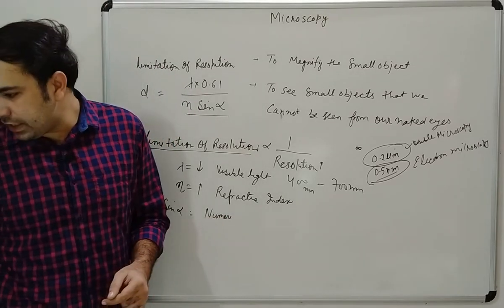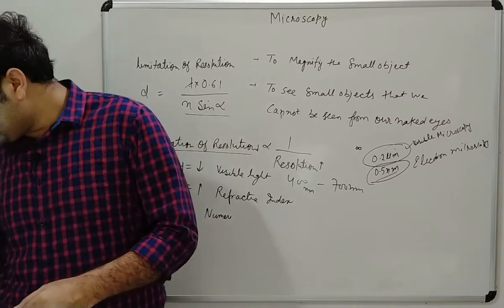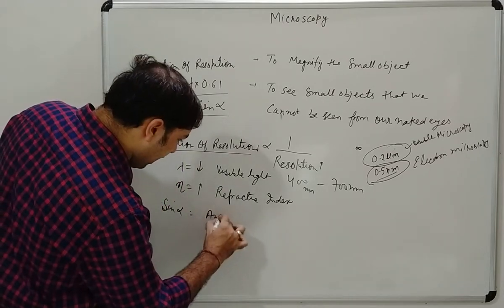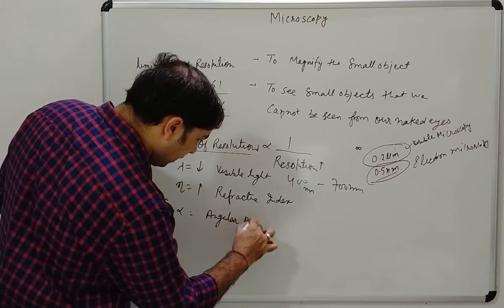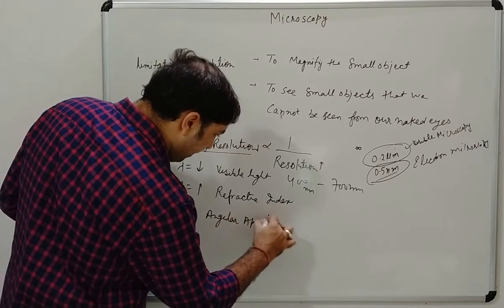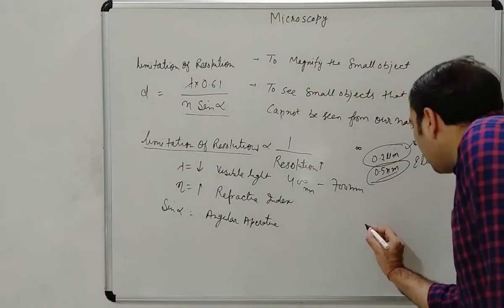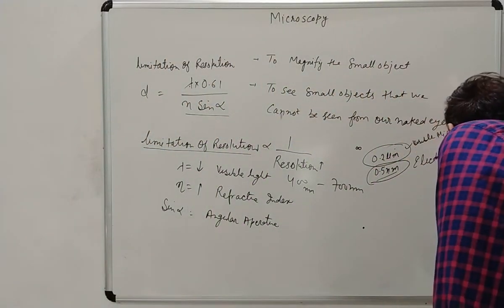Another is called aperture, numerical aperture or angular aperture. The angular aperture means: this is your image, this is your object.